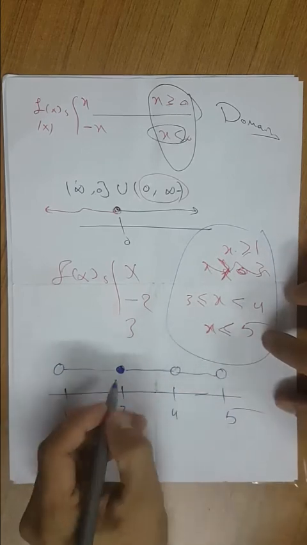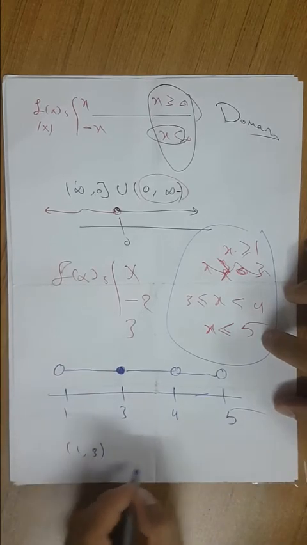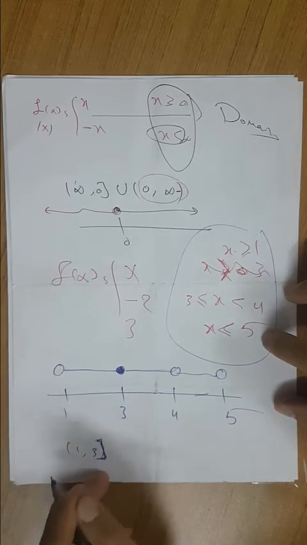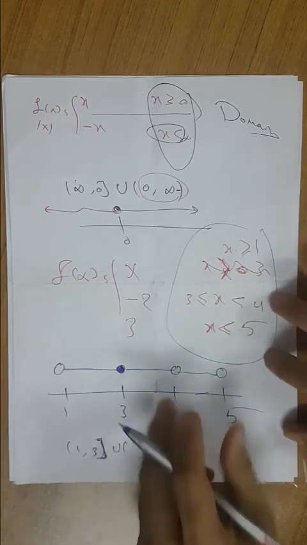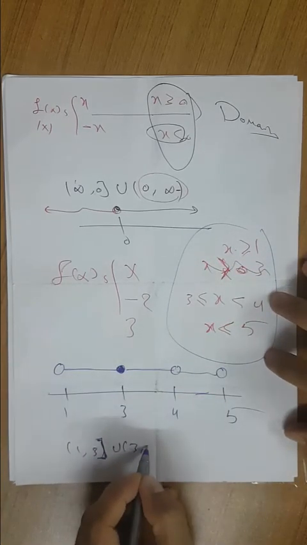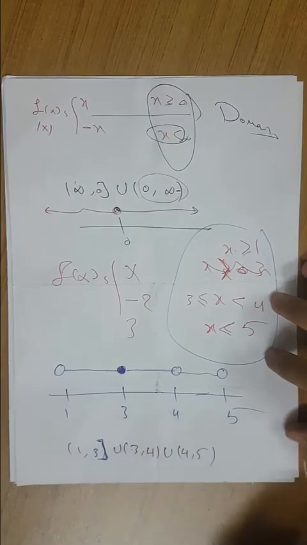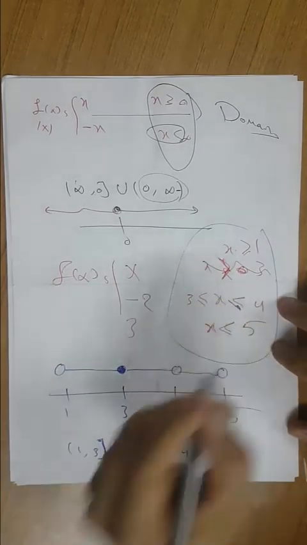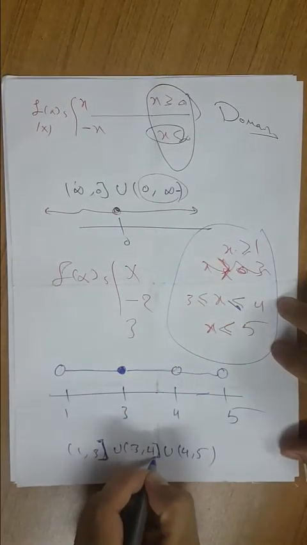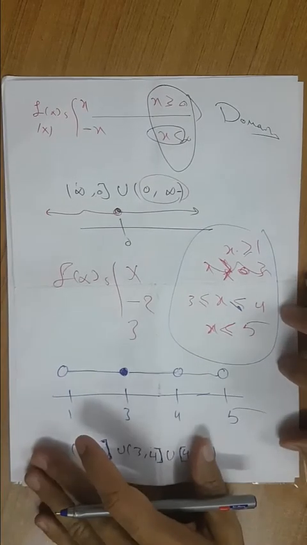So here's the domain that you have. I can say from 1 to 3, and I close the 3, because there's a closed point here. And union 3 to 4, union 4 to 5. That's all. In case we have equality here, we will close it at 4 here, 4 here. That's all that I want to say.